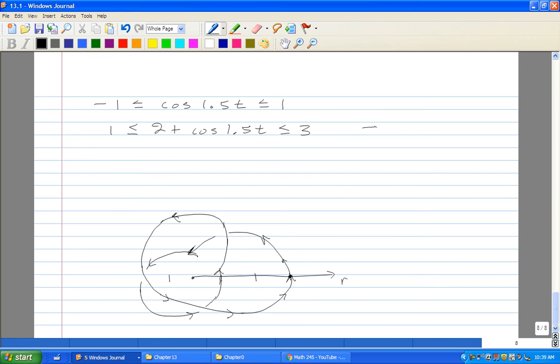And so this says that r is between 1 and 3 by what we did above.